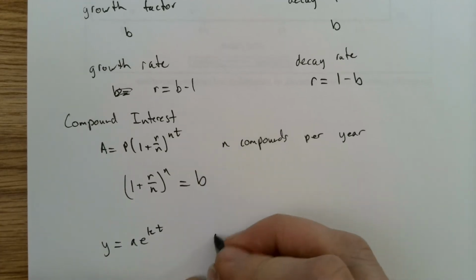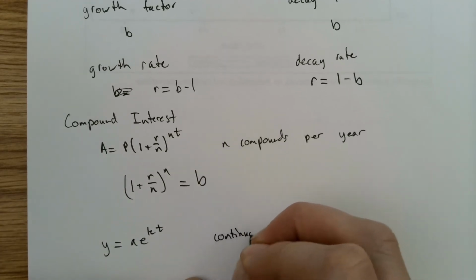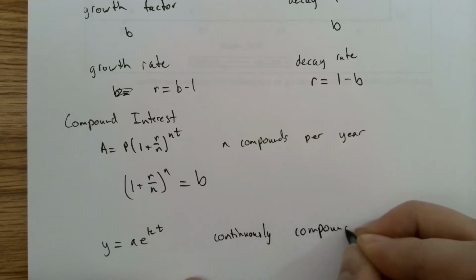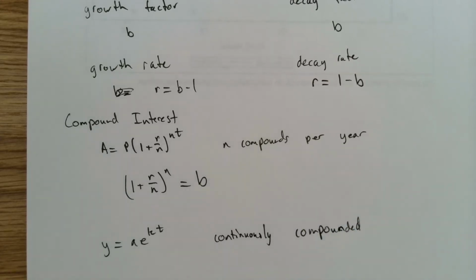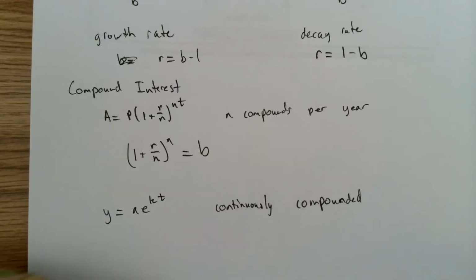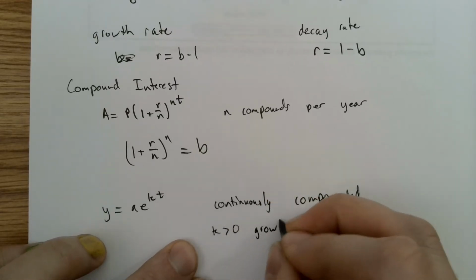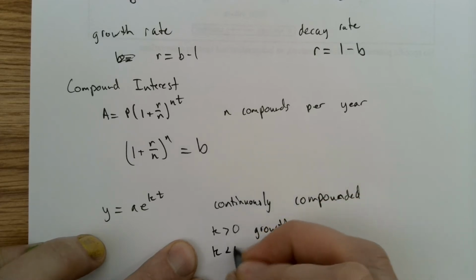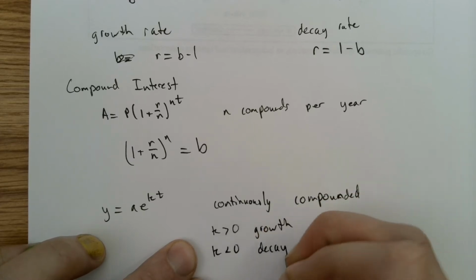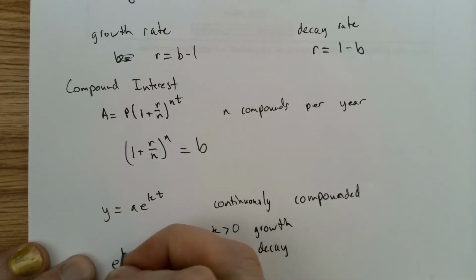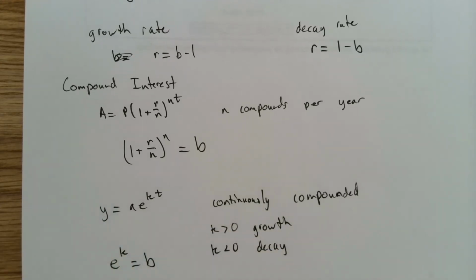This is continuously compounded. Of course, you know that e is a number, the irrational number. And here we knew that if k was greater than 0, this was growth, continuous growth. If k was less than 0, this was decay. And the connection to our general exponential equation is that e to the k was equal to b.